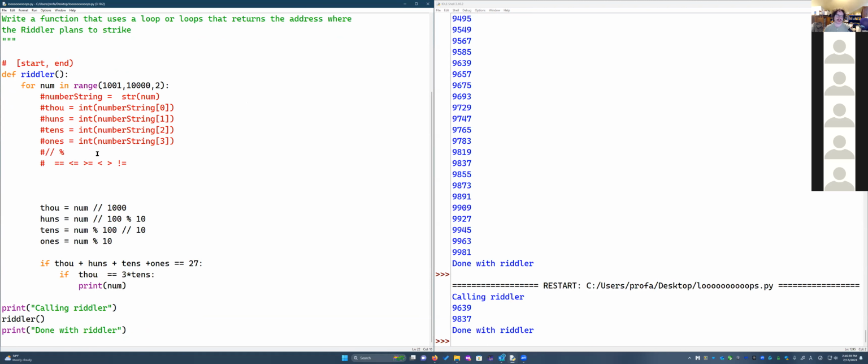So go back to fourth grade math with long division, because you haven't had to think about that for a while. When you did that kind of math, you would do division and get the quotient and get the remainder. This gives you the quotient: x divided by y equals z, it gives you z. Modulo gives you the remainder, that bit left over that can't be divided by y.